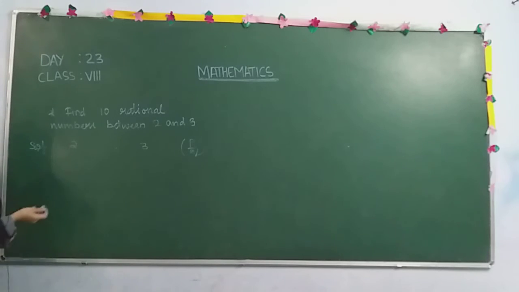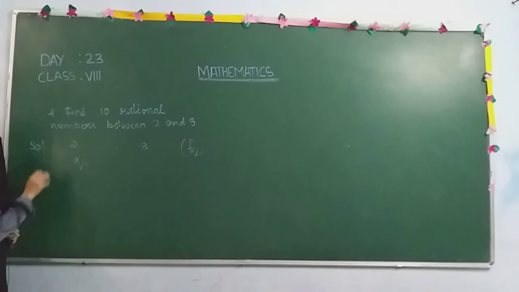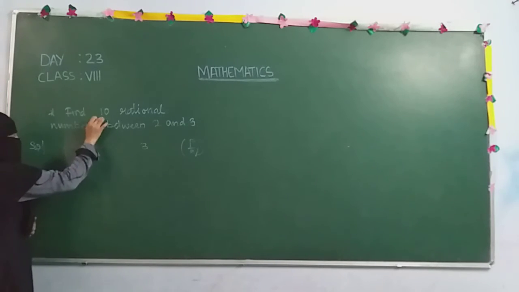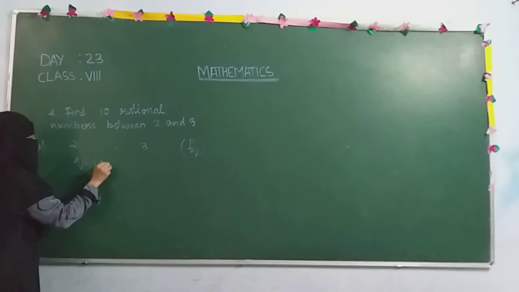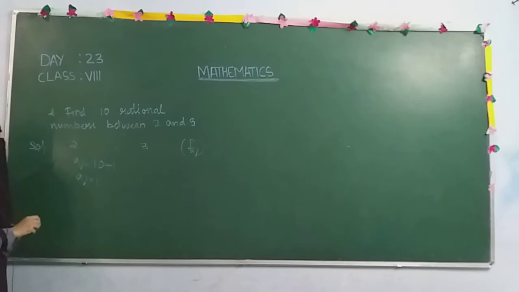Okay, so we can take q equals any variable we can choose, whatever the number of rational numbers is asked, we need to add plus 1 to that number. Suppose 10 rational numbers, so 10 plus 1, q is equal to 11. Now what to do? For the given numbers, we need to multiply in the numerator and denominator by this 11.